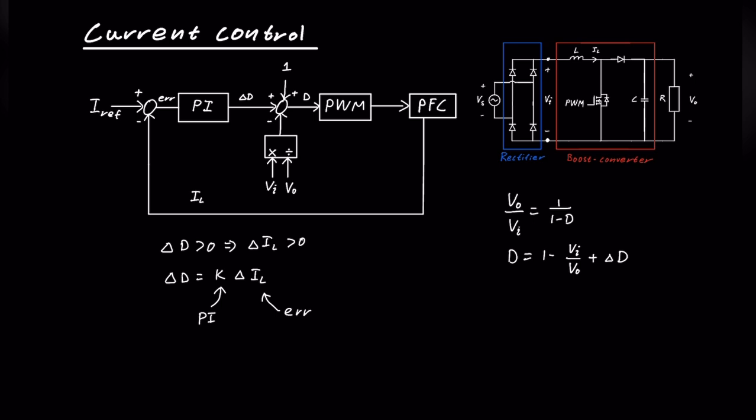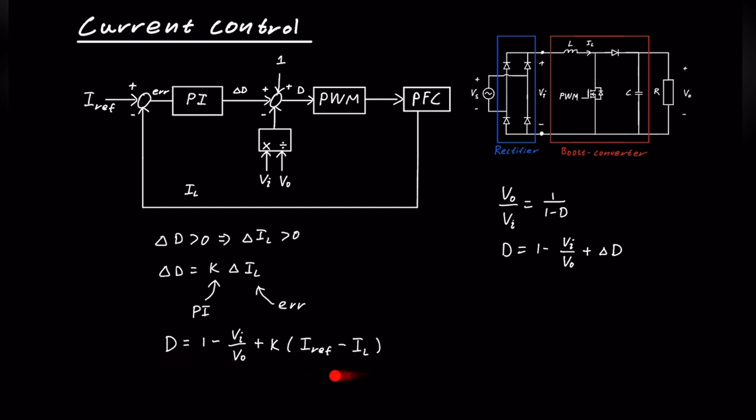So it's not actually constant. If the inductor current is lower than the reference current, we need to increase the current. And the gain in the PI controller is always positive, which means that we get an increase in the duty cycle. And the increase in the duty cycle will make the current increase again.